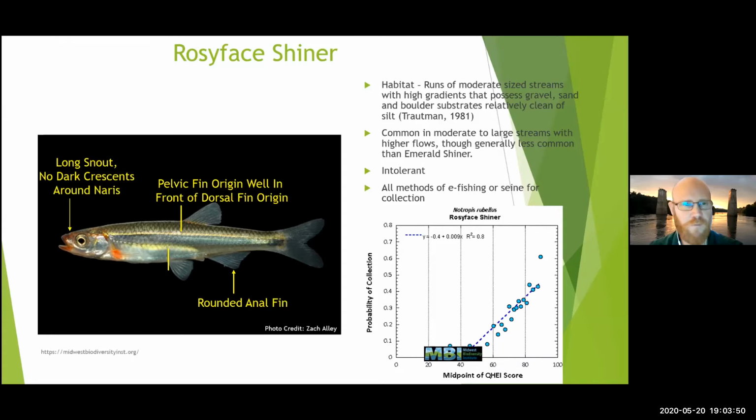They're intolerant of any human intervention, any silt, pollutants. They don't like it. Not really a backpack. It says all methods, not really a backpack, but if you can get at a base of a run in a moderate stream, you might be able to get them with a seine. And like the graph shows, the better the habitat, the more likely you're to find them.